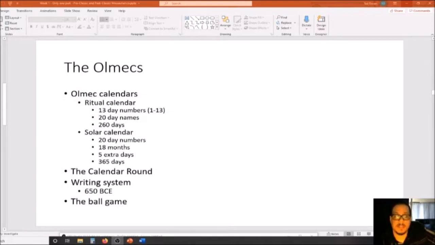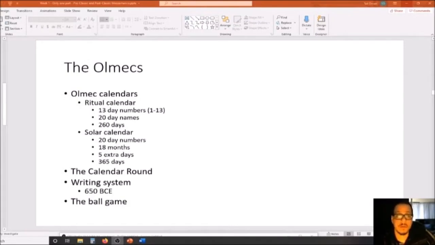But it hasn't been proven that they actually represent words themselves, so it's not really considered by most scholars to be a true written language, but it is a writing system. And we have evidence for this writing system being used up to 650 BCE. Okay, so that's huge. This writing system was most likely passed on to other civilizations in Mesoamerica.